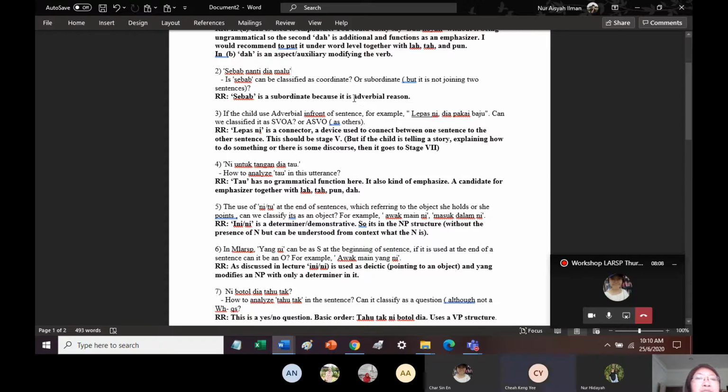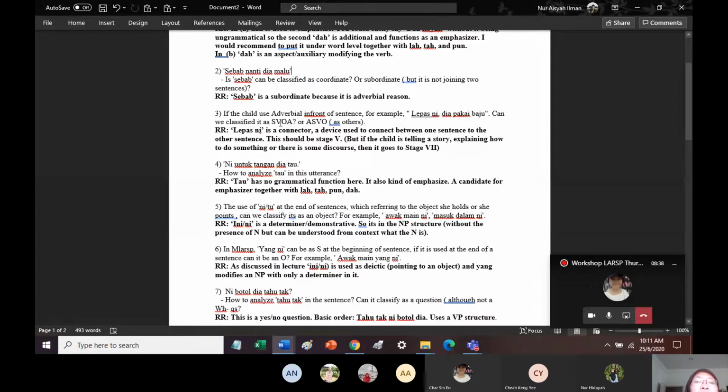He didn't want to do something sebab nanti dia malu. So maybe there is a sentence before that, because the sebab clause has to refer to some sentence, either the immediate sentence before or a few utterances before that. So it depends on the context. To me, sebab is a subordinate, so it should be stage 5.